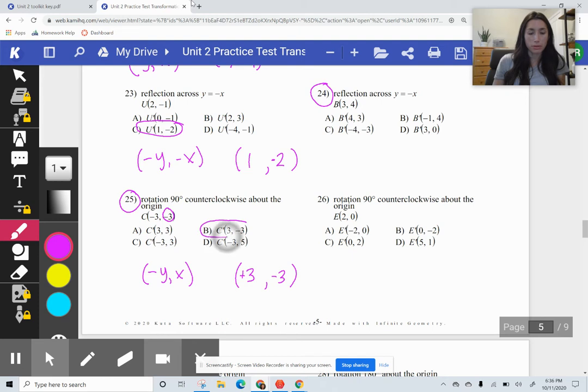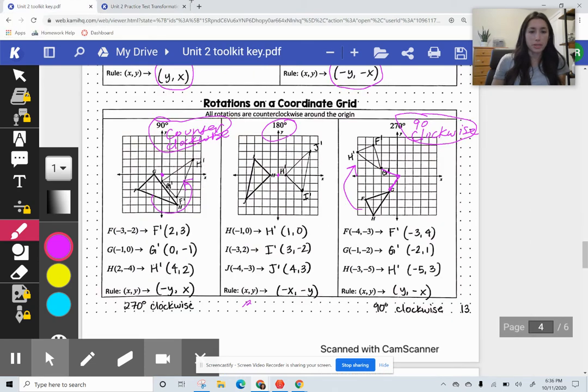Maybe let's look at a better example where the numeric values are different. Let's take a look at this one here. We've got our coordinate F at negative 3, negative 2. Great. And our new coordinate F, oh, I didn't even write this on my toolkit correctly. The coordinate for that is 2, negative 3. So let me put that there.